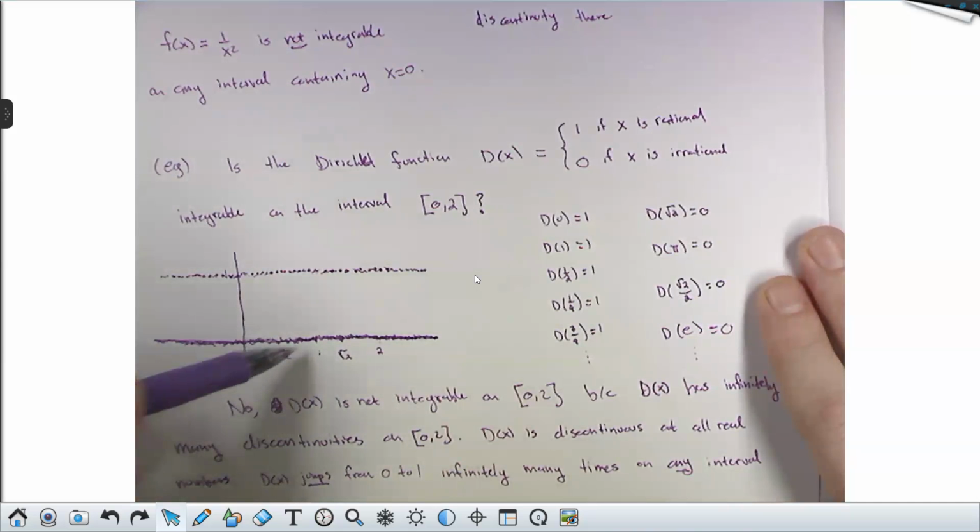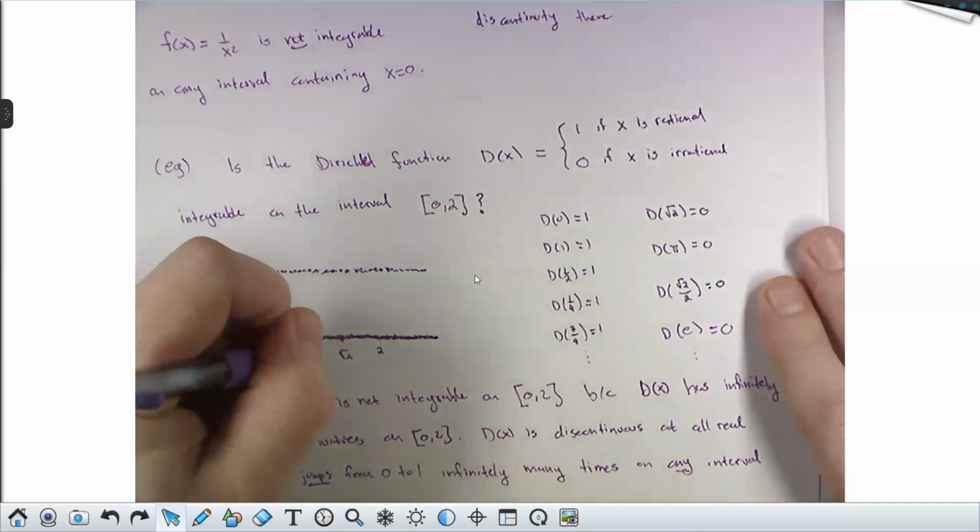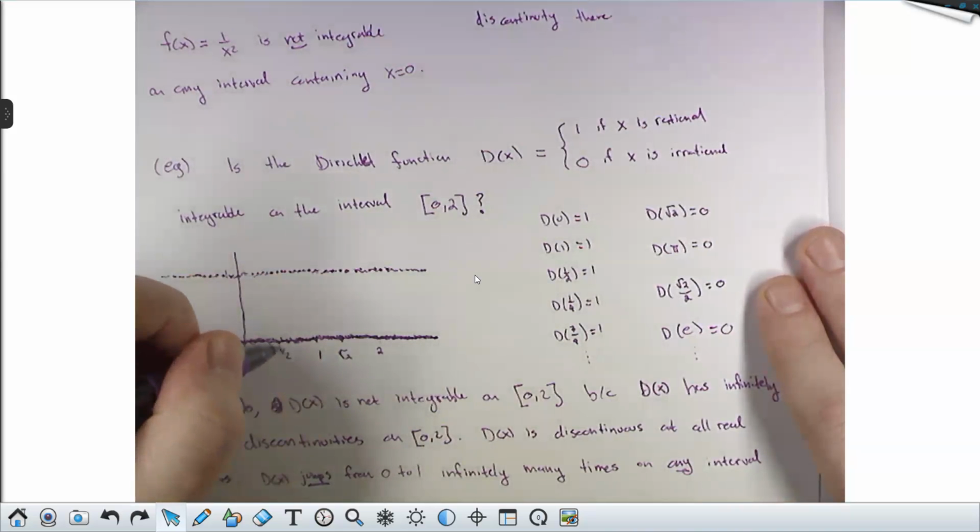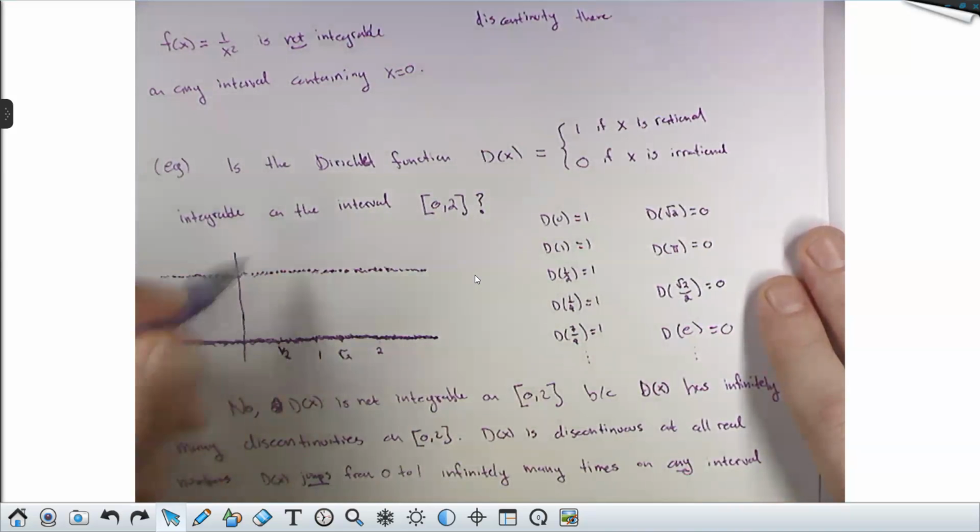Those are both rational numbers. They can both be written as fractions using whole numbers. Between those two rational numbers, there are infinitely many rationals and infinitely many irrationals.